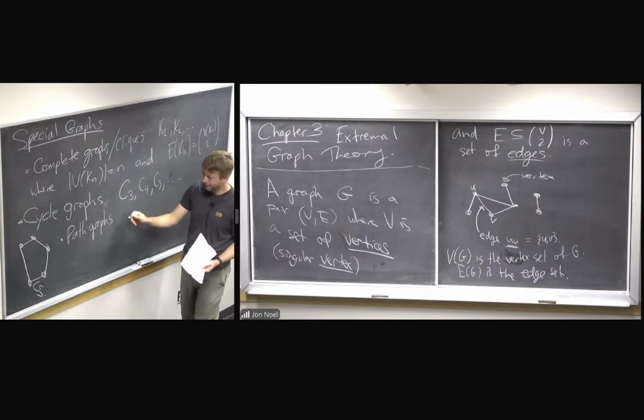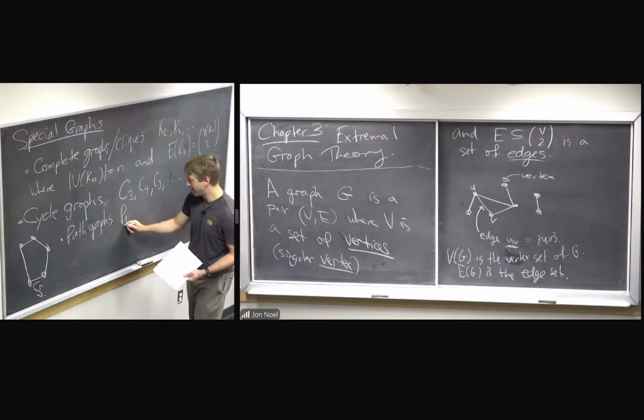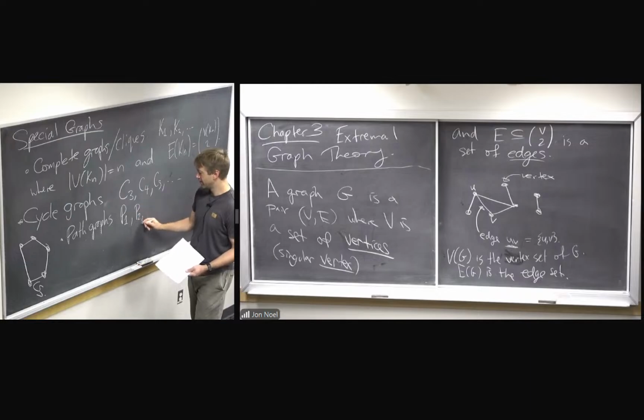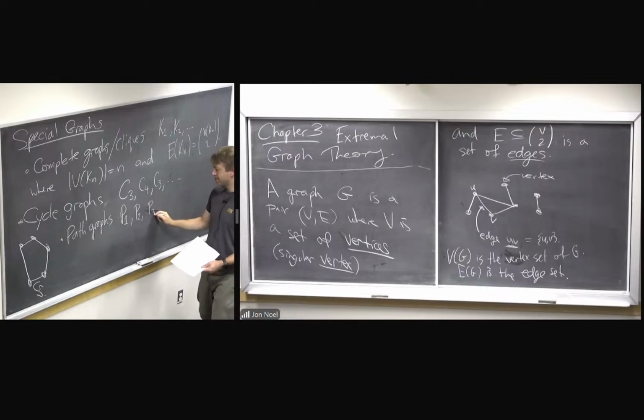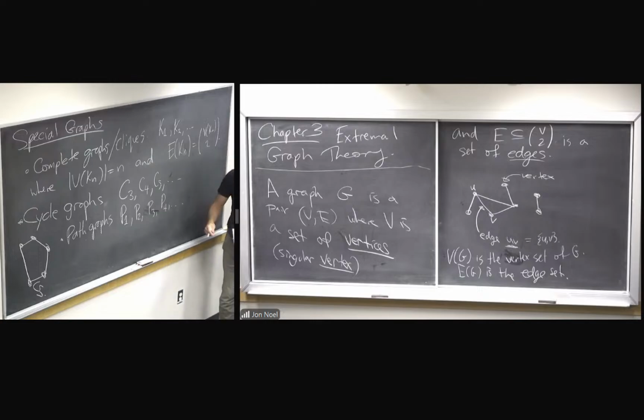So path graphs. Okay, I can actually have a path on one vertex. Actually, the notation for paths becomes a bit controversial, because there's a question: should P3 be the path on 3 vertices or the path on 3 edges? I was taught from a young age that Pk is the path on k vertices.